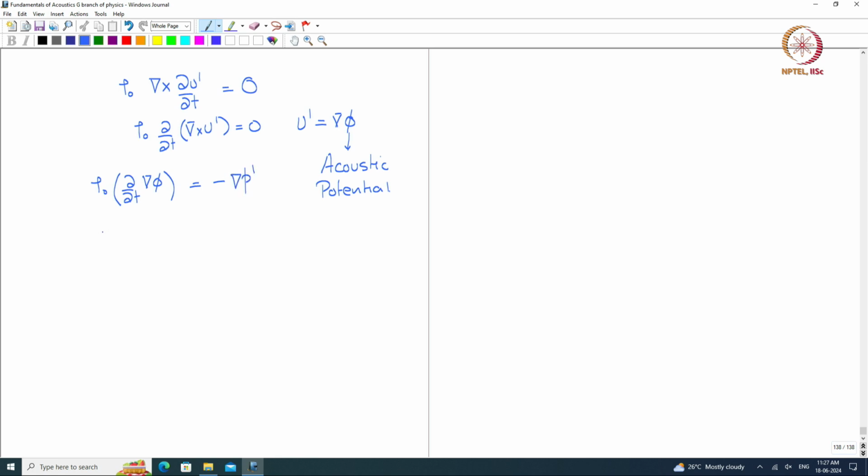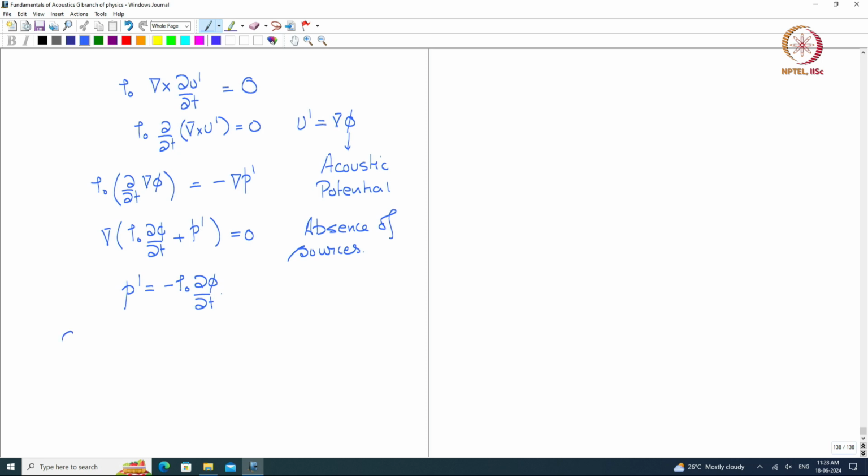Then I have del of rho 0 del phi by del t plus p dash equal to 0, and in the absence of sources this is valid everywhere, then what I have is p dash is minus rho 0 del phi by del t.